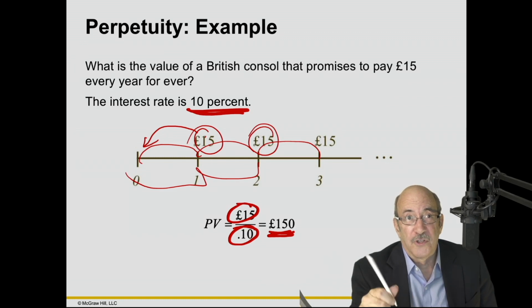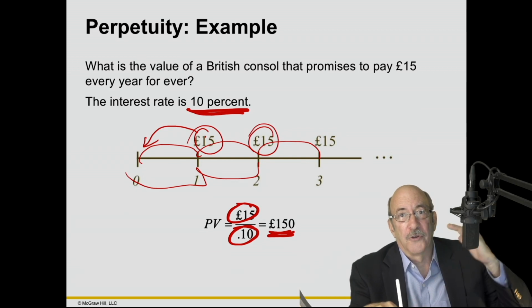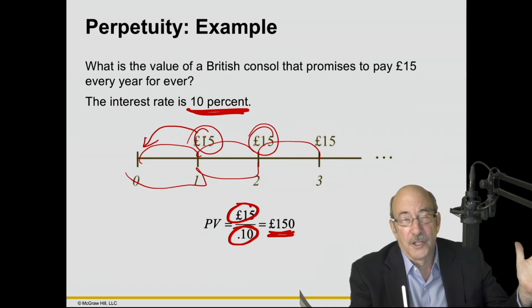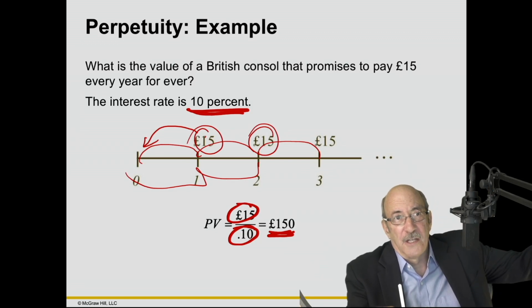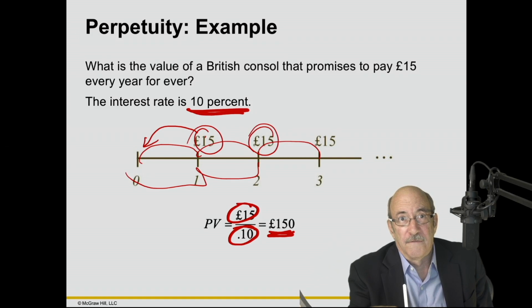And you can prove to yourself that the value you get out of those discounted cash flows approaches 150. The further out you go, the closer you get to 150. Presumably at infinity, you've actually reached 150 in the limit.